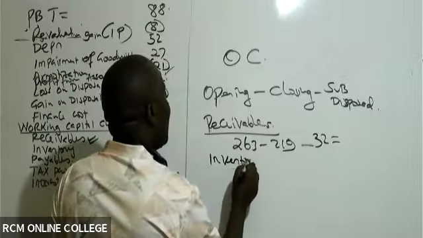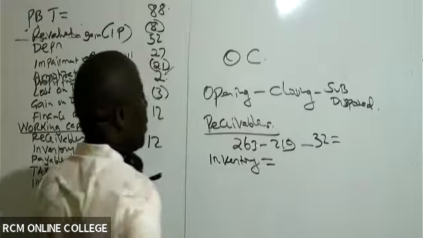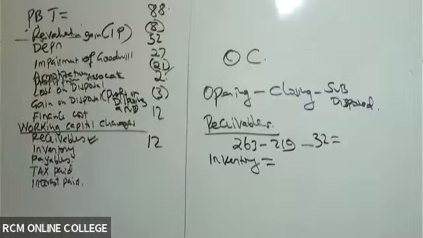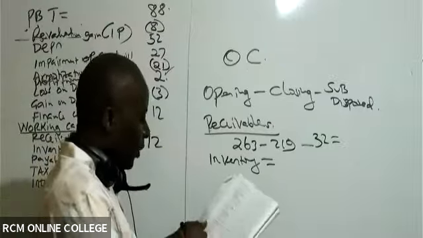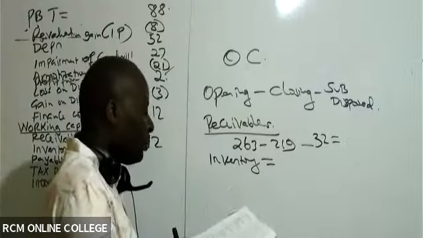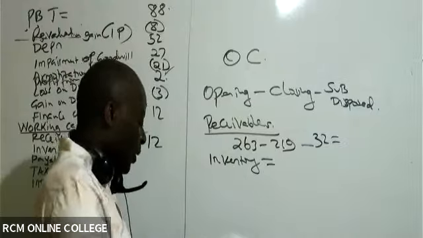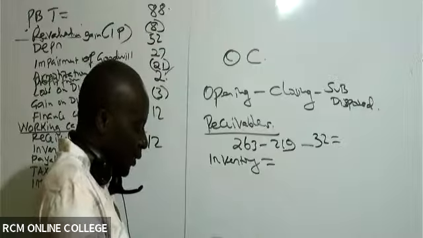I would want to see whether there is anybody who will be able to do the same for inventory for us. It's about opening minus closing minus the subsidiary disposed. So for inventory opening, is there somebody who is able to see inventory under current assets?